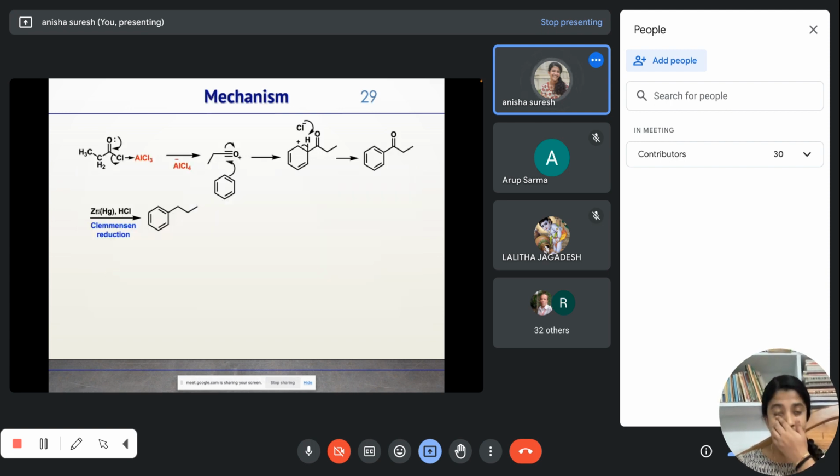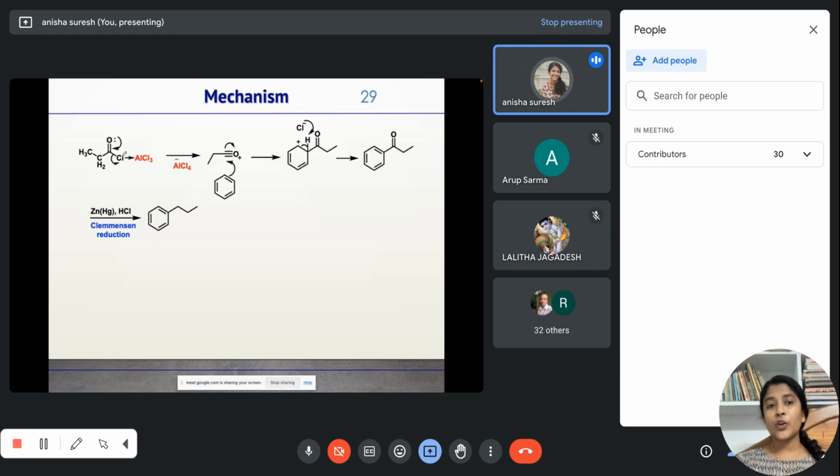We can see the mechanism. So here this is the acid chloride that will be used, that is propane acid chloride.